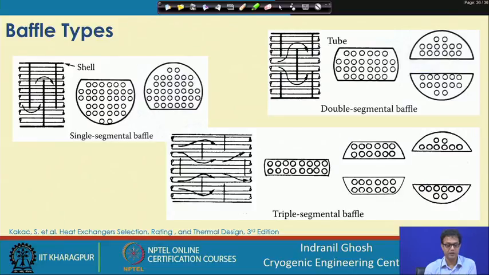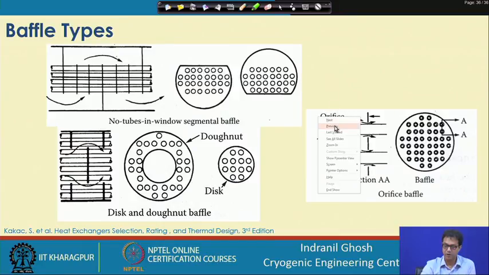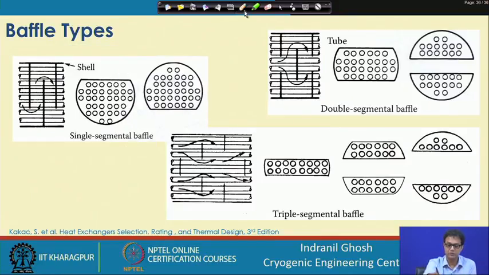That means if a long tube has no support, there is a possibility that the tube will sag at the middle or at different points. So, that gives some mechanical support, and not only that, it also diverts the fluid from one end to the other, and thereby enhances the heat transfer coefficient, but at the cost, of course, of pressure drop.